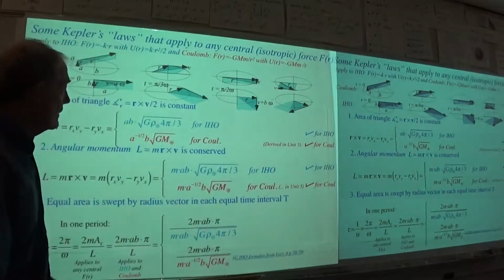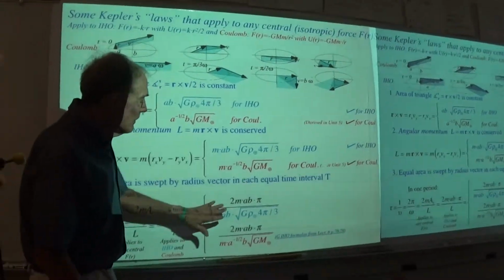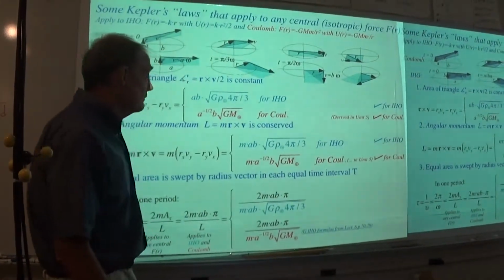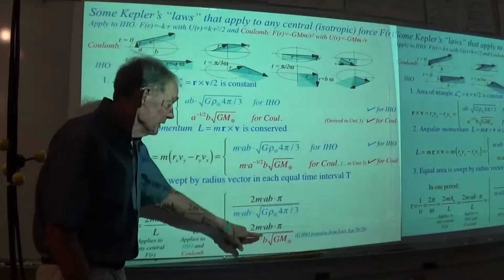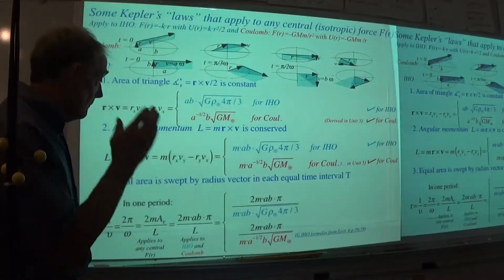Area swept, comparing again what we've just derived for the isotropic oscillator to what's coming for the Coulomb orbits.